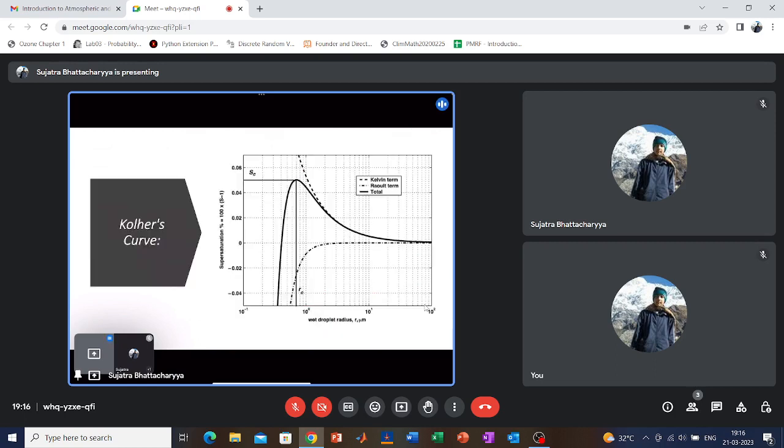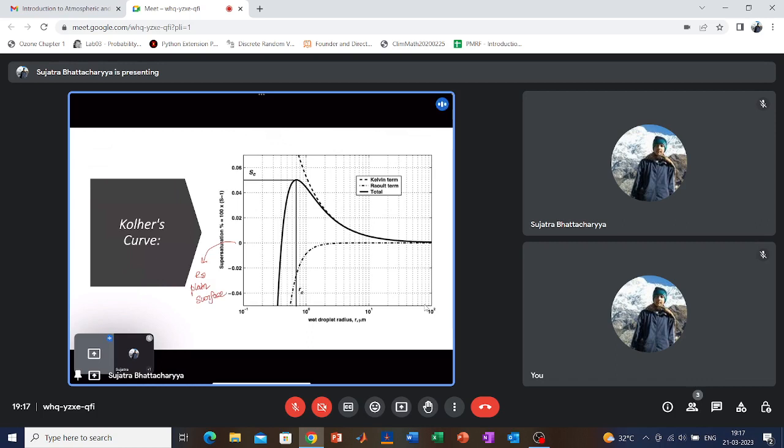And this is the curve corresponding to this Kohler curve. This is the supersaturation, meaning this is your Es for the plane surface, that is, the vapor pressure corresponding to the plane surface, taken as the reference 0.